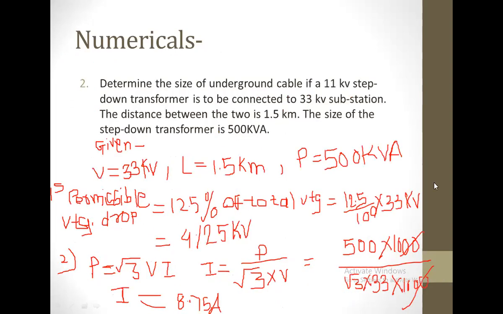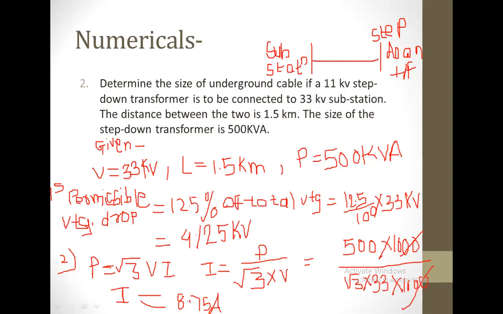But the actual voltage level is 33 kV. Are you getting? Suppose here is one substation and here is one step down transformer. This is the step down transformer, and this is the substation.